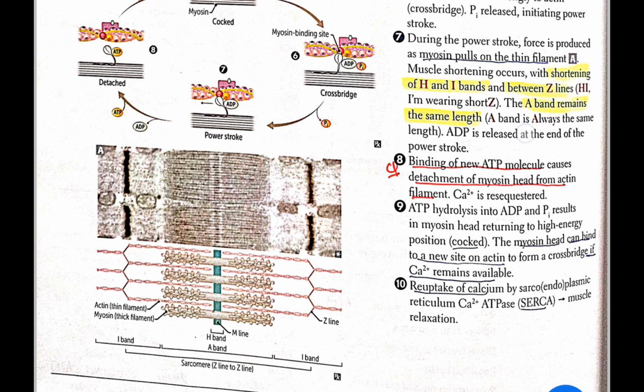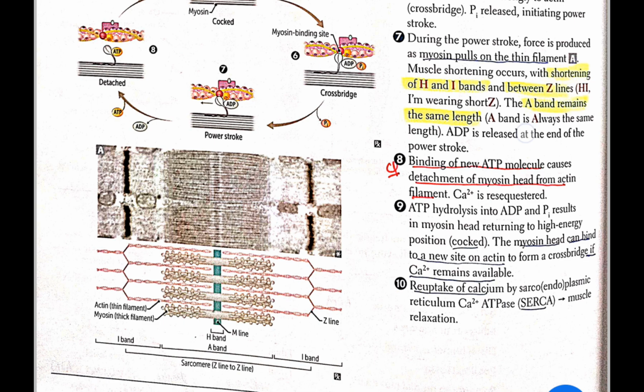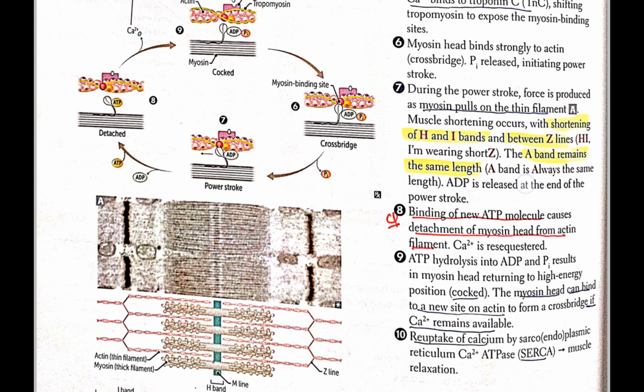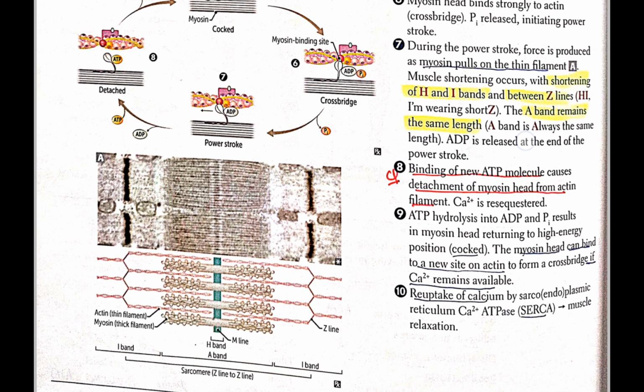So remember AHM. Then we have the I band, the light band, and in between that we have the Z line. The protein connecting actin, that is the thin filament, to the Z line is actinin. And the dark band is made of myosin filaments and thin filaments make the light band.